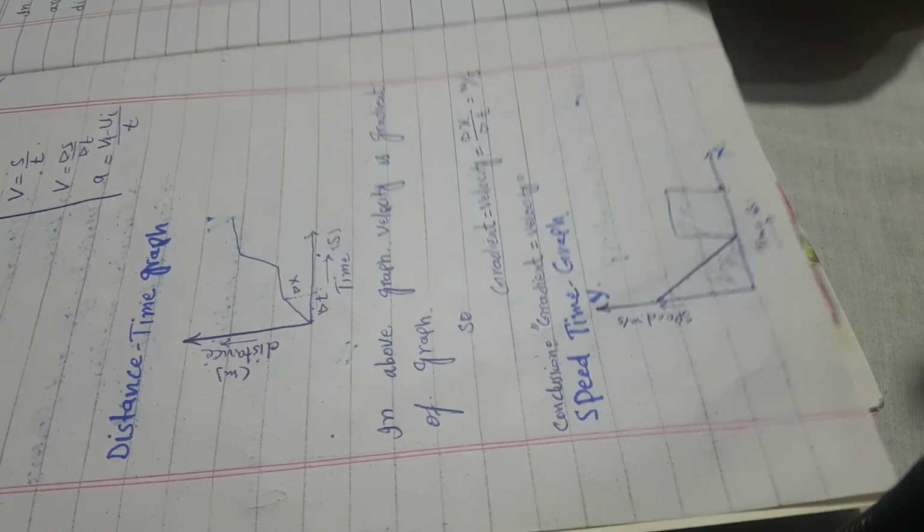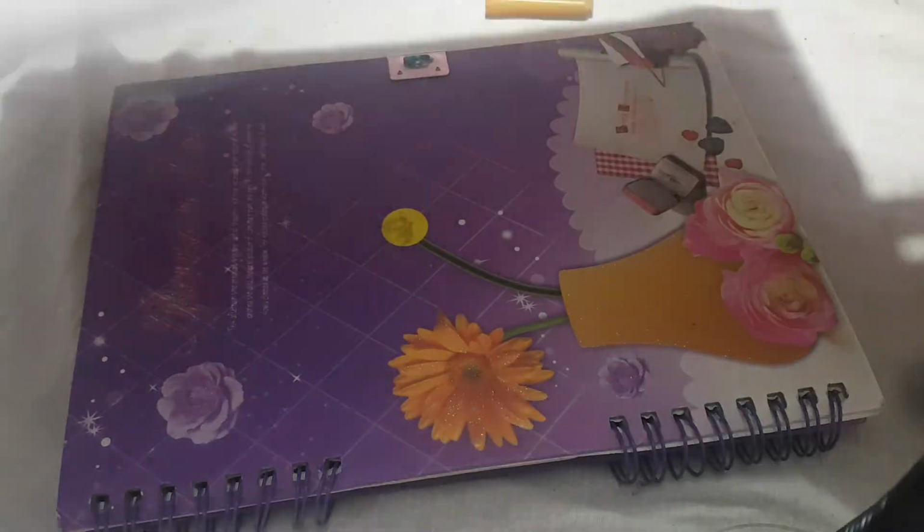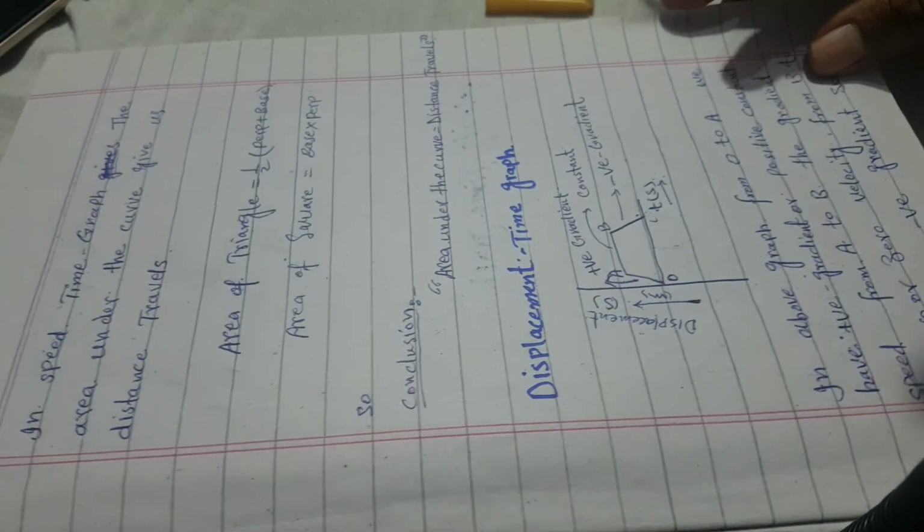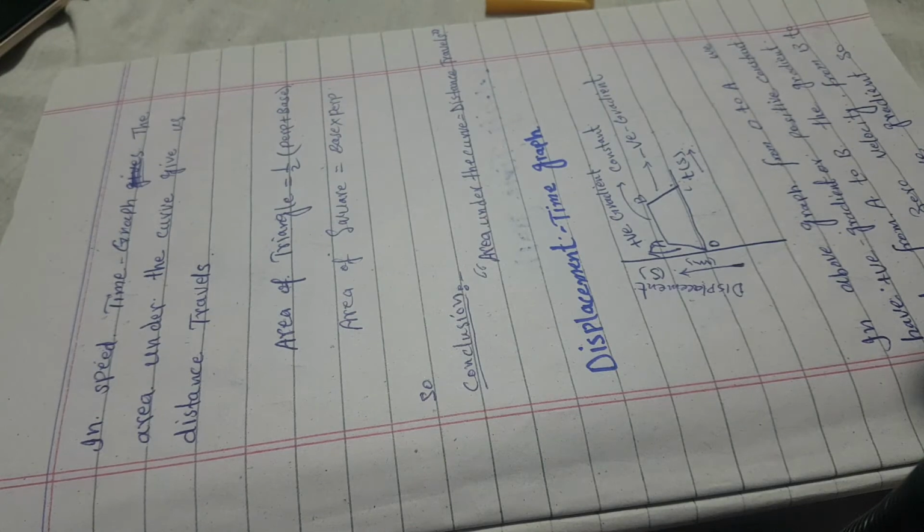So in a speed time graph, the area under the curve gives us the distance traveled. The area of a triangle is half times perpendicular times base. The area of a square is base into perpendicular.